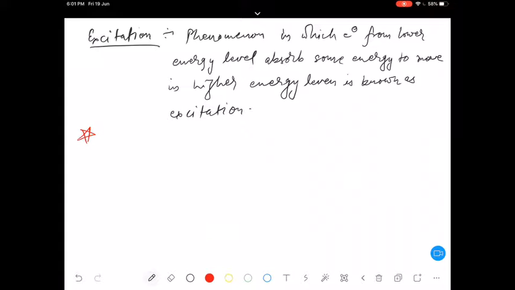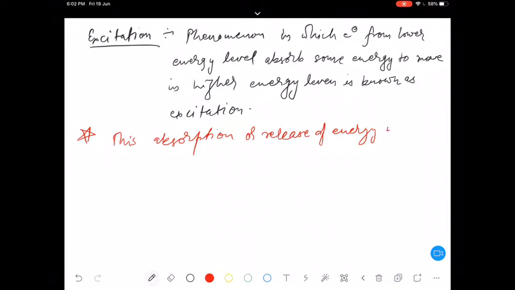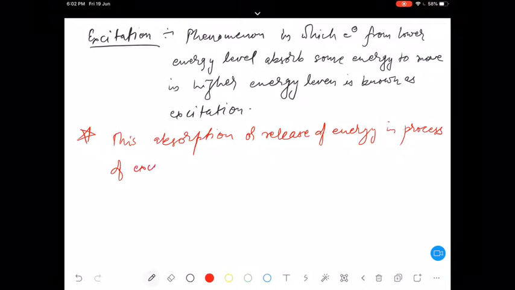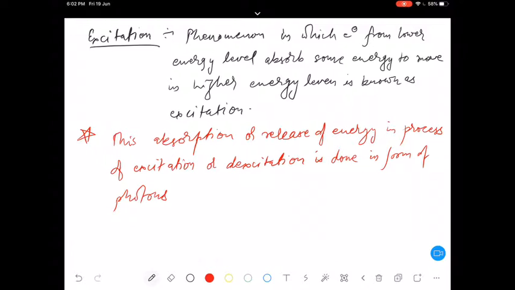Now here one very important point: this absorption or release of energy in the process of excitation or de-excitation is done in the form of photons.